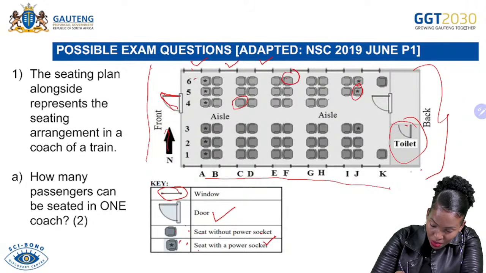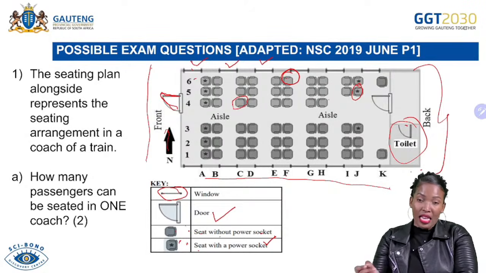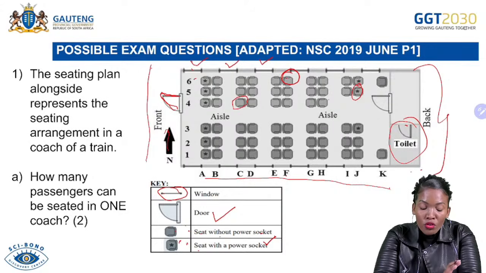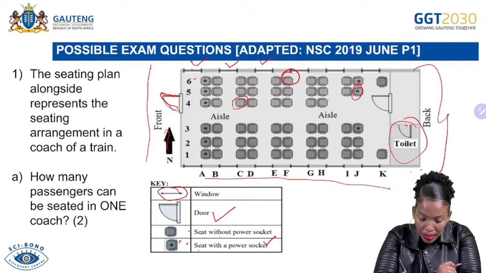So this seat would be F6. This is how I would locate F6. With most coaches, trains, or rather buses, when you buy a ticket, you are actually given a seat number. So you don't just go and sit wherever you want to sit. You need to sit according to the allocated seat number.